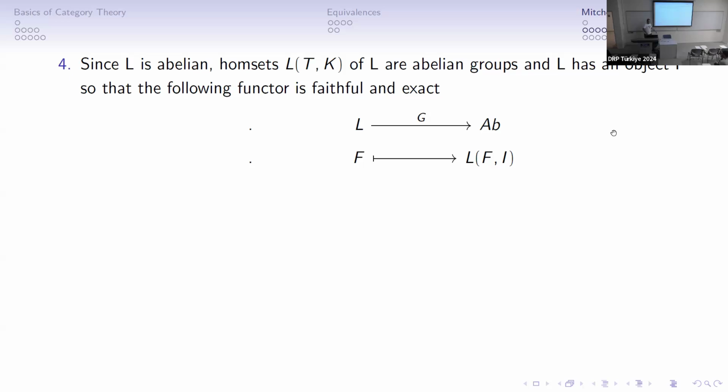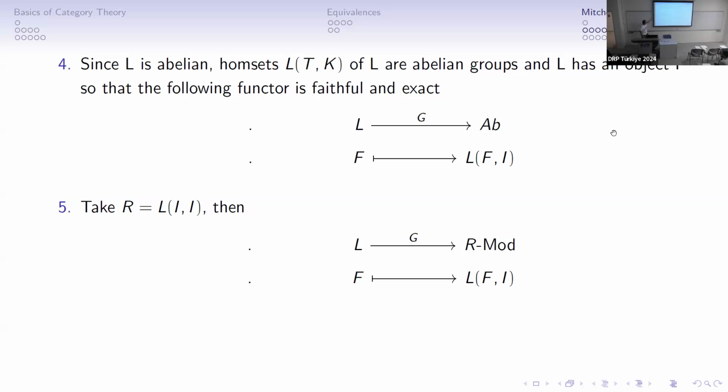As you remember in the intuition part, these were modules, but we need to choose our R as the endomorphism ring, as we did in the introduction part. Then these become R-modules, and we get our functor from L to R-modules.